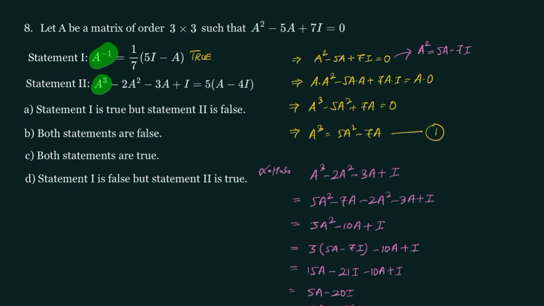That means this is equal to the right hand side of statement 2. That means statement 2 is also true. So the correct option for this question would be both statements are true, that is option number C.